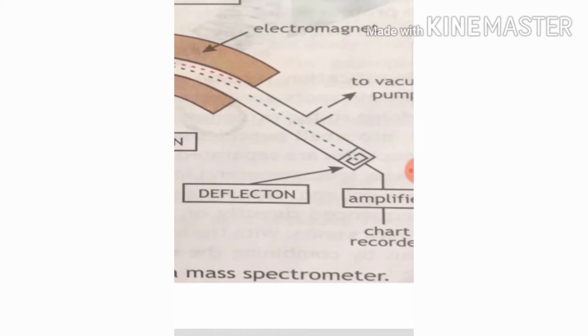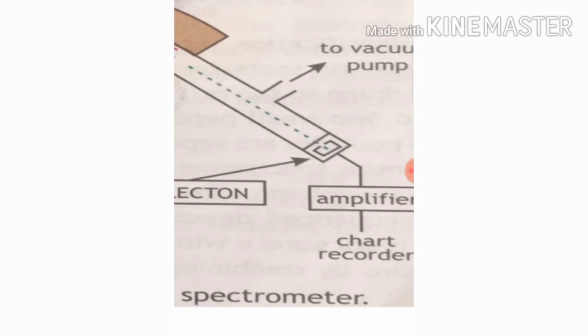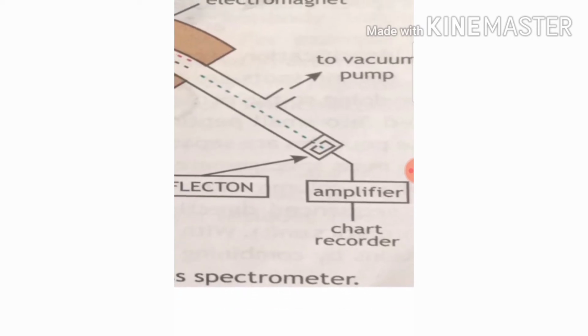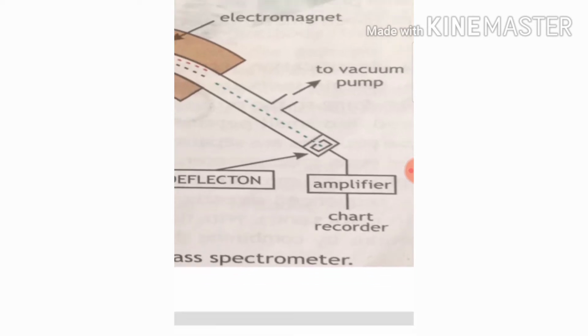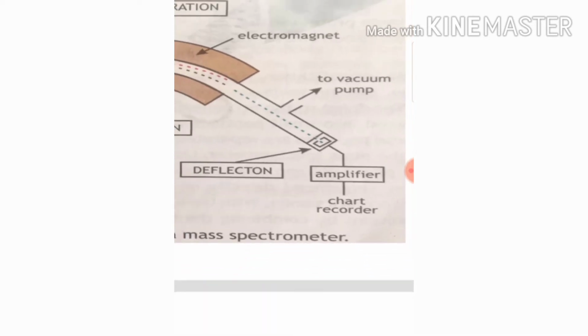This mass spectra is amplified through an amplifier, and then we record it with the system software, and then we analyze the data regarding the size, the calculation of molecular mass, and the amino acid sequence of any unknown sample.